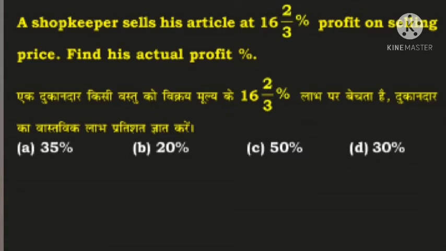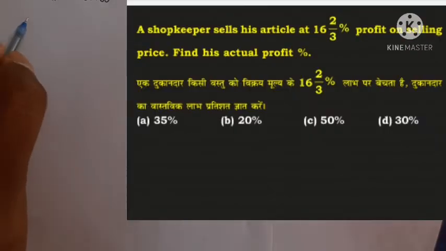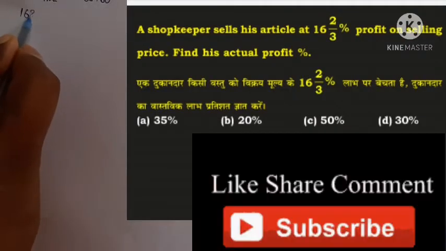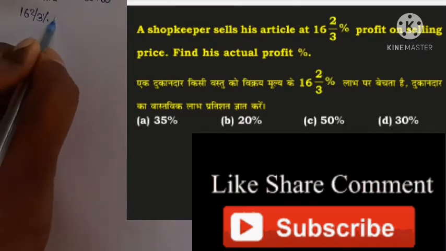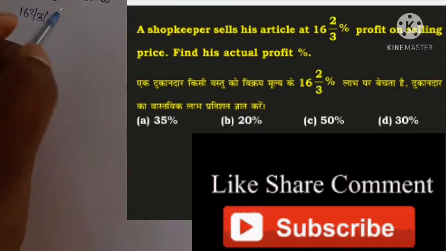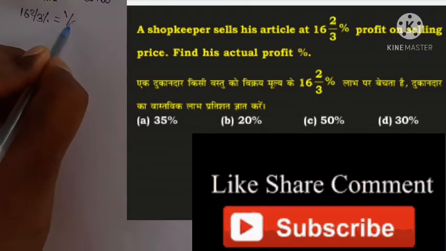A shopkeeper sells his articles at 16 2 by 3 percentage profit on selling price. Find his actual profit percentage. So convert 16 2 by 3 percentage into fraction. So value is 1 by 6.